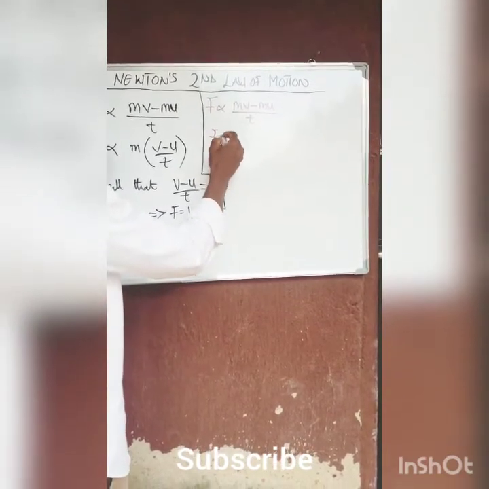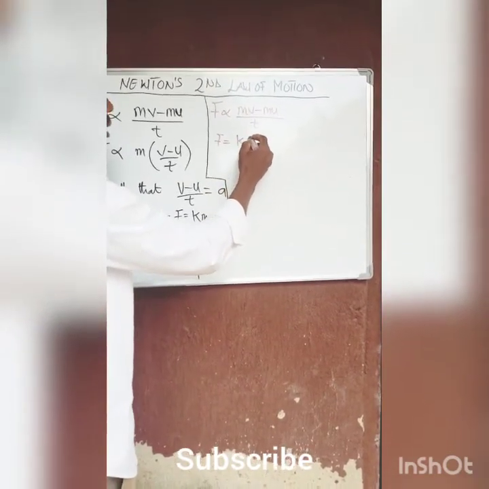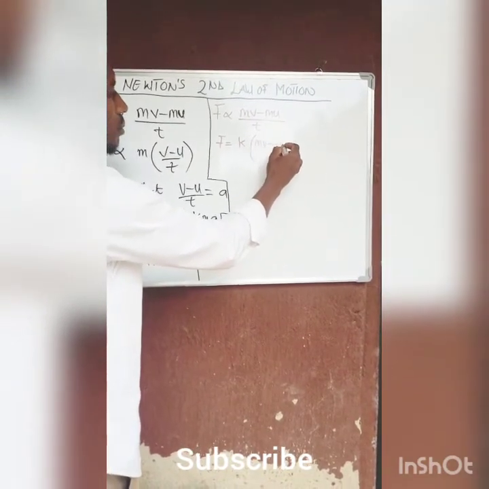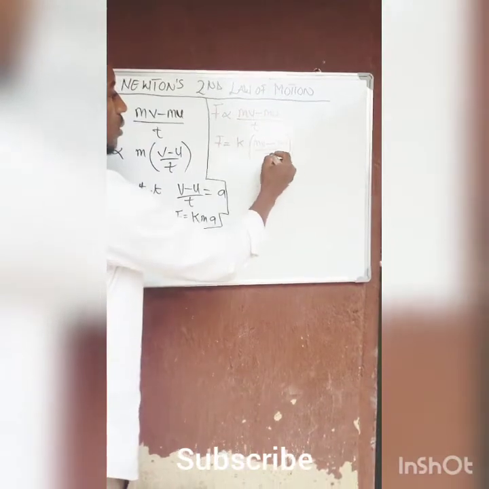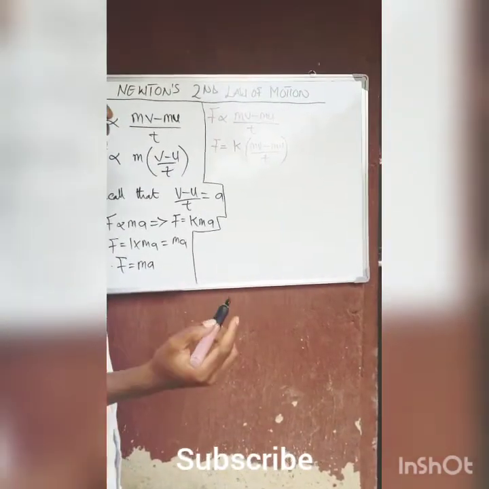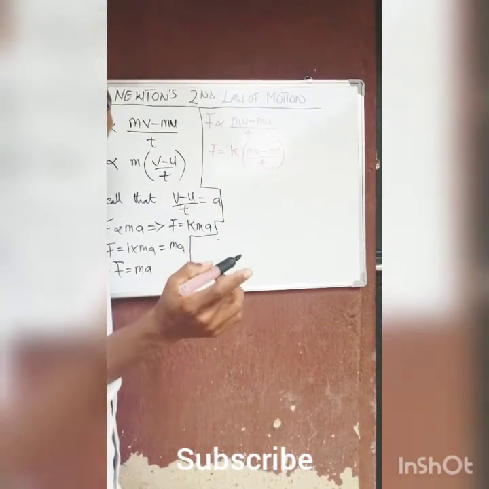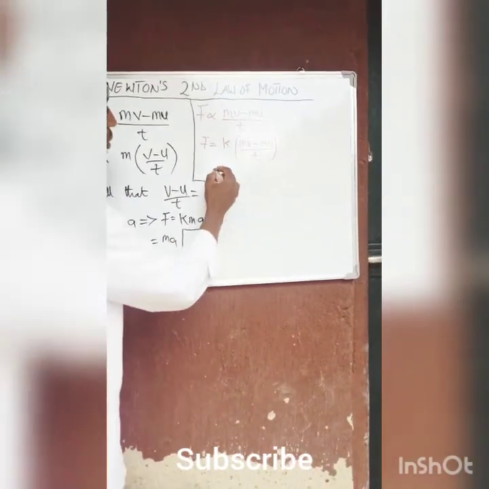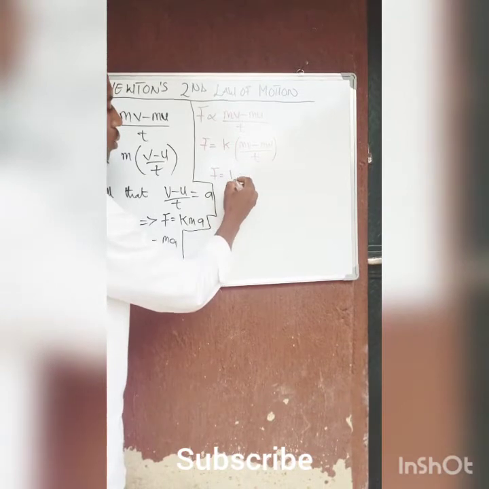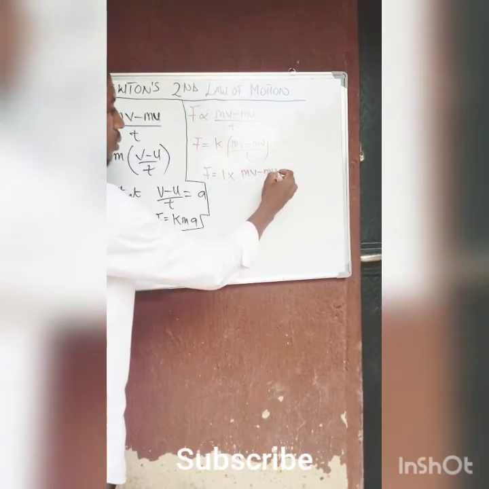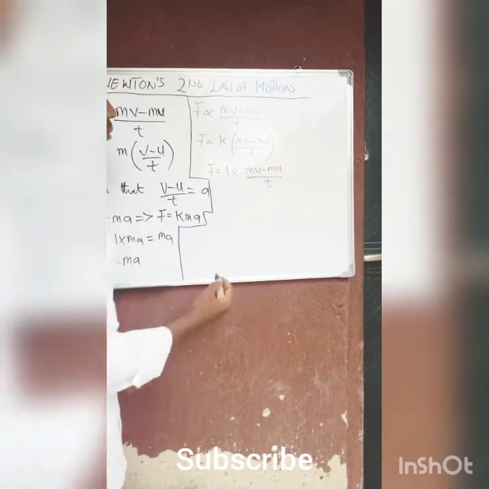So F is going to be equal to k times (mv minus mu) all over t. But then again, we said the unit of force is chosen such that k is equal to 1. So we're going to have that F is equal to 1 times (mv minus mu) all over t.